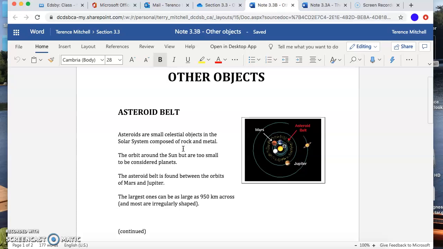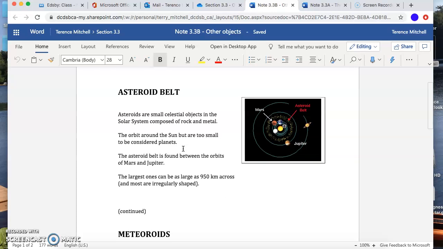And these asteroids, they could be as small as a small rock, right up to 950 kilometers across. 950 kilometers, that's like from Whitby to Montreal and back, or Whitby out to New Brunswick. So very, very big, and a regular shape. So they're not round like planets, or they are big, irregular shaped balls of rock and metal.